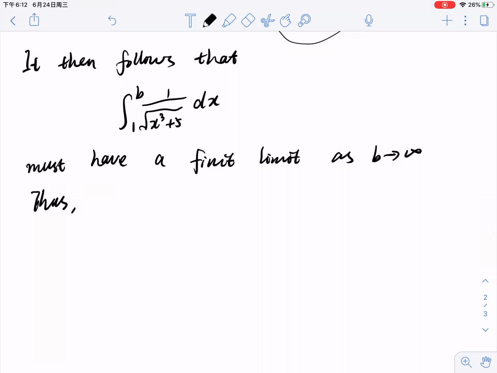Since it has a finite limit, this improper integral converges.